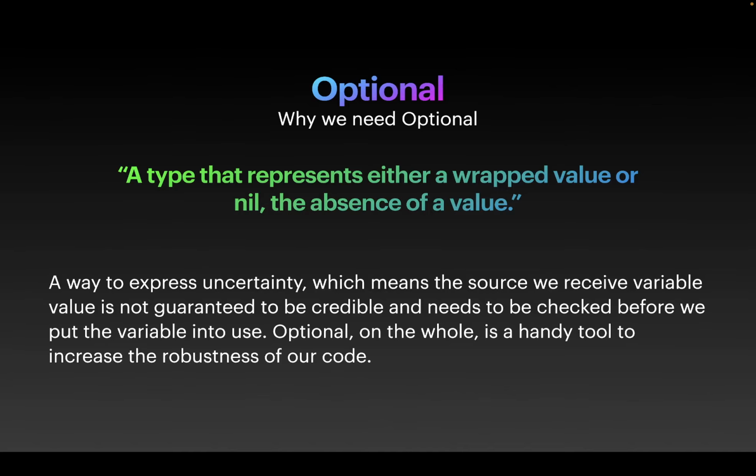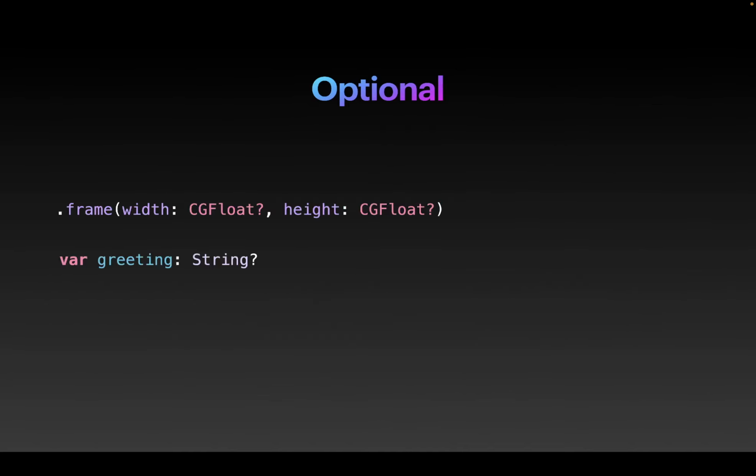You already see lots of optionals in your assignments, I believe. For example, you may have applied several times the .frame view modifier. It can take two arguments: first is width, and second is height.